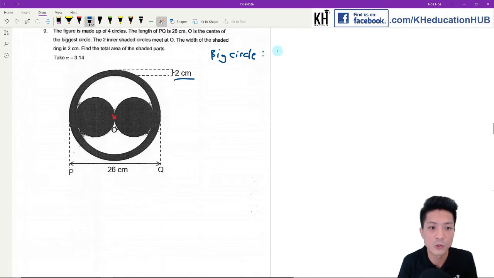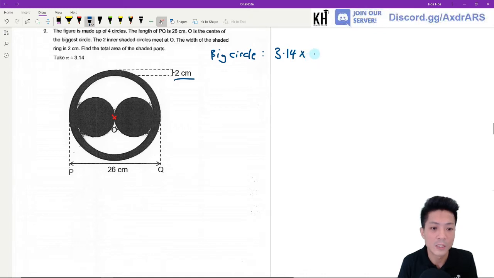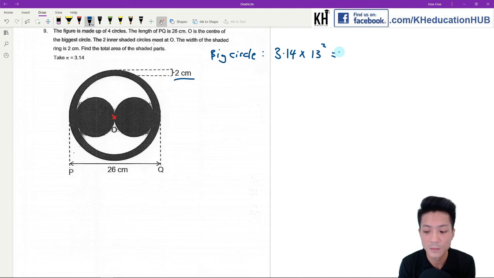Pi is 3.14. Radius is 26 divided by 2, which is 13 squared. This is going to give me 530.66.